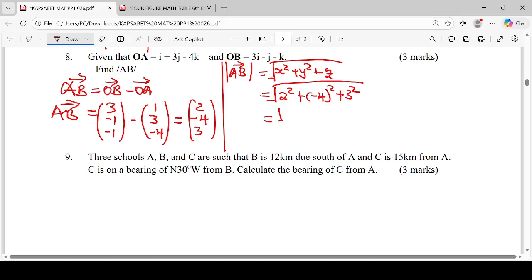When you square those elements, this is the square root of 29. And the square root of 29 is 5.385 units. So that's how you respond to such a question, ladies and gentlemen.